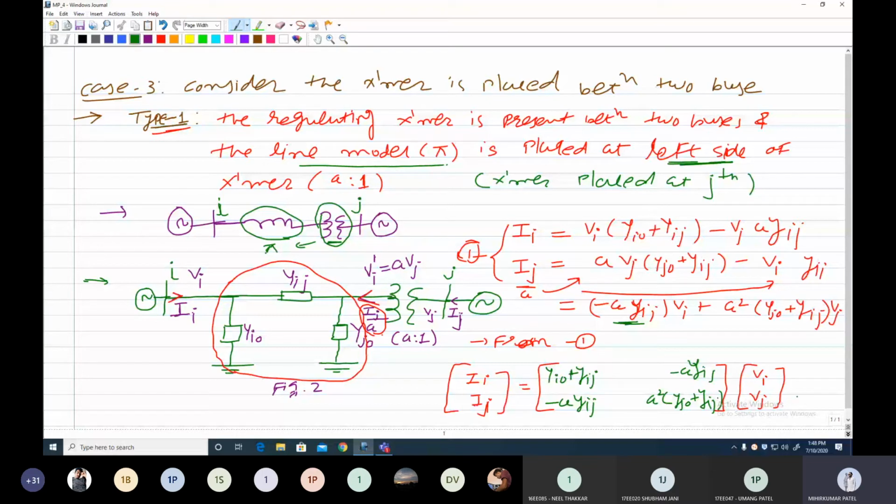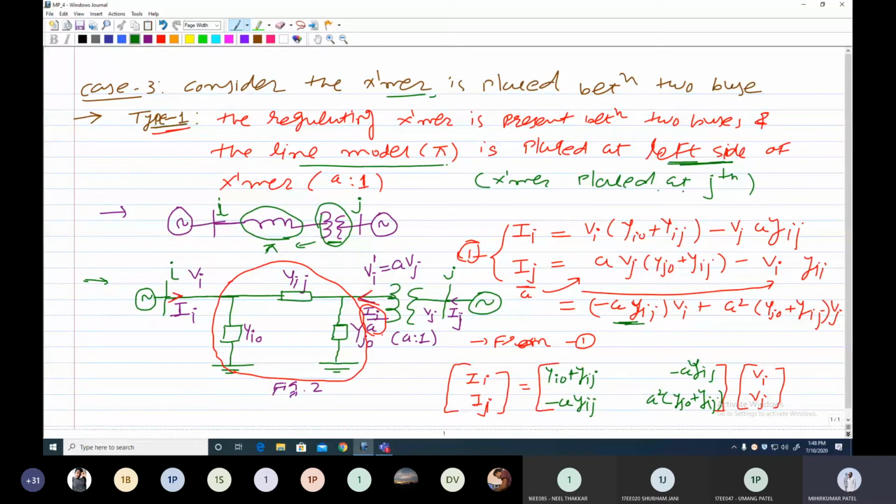Now let me recall again. Here we have considered a transformer placed between two buses i and j, and there are two possibilities where we can place our transformer, either at the ith bus or at the jth bus. So for the first case we are considering the transformer is placed at the jth bus.